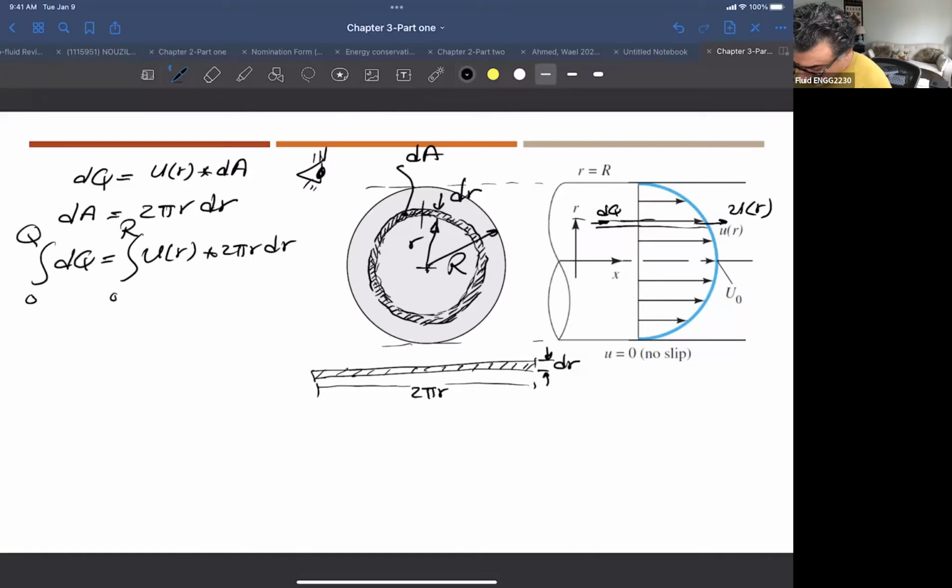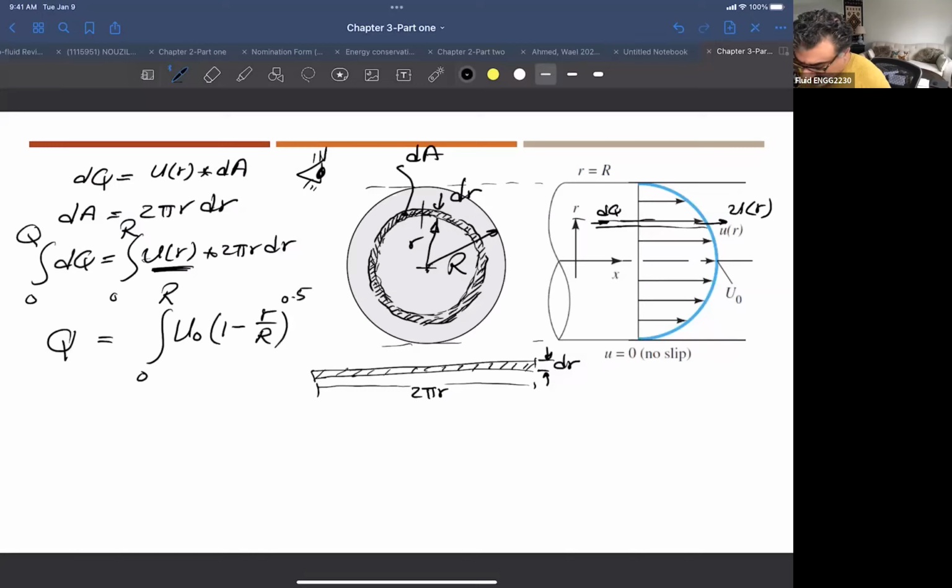So the total q will be this value here. Now I just need to replace u(r) as a function of r, because basically I just need to integrate this in order to find q. So q here, I'm going to integrate with respect to r. u(r) here is given as u naught times 1 minus r over R to the power of 0.5.